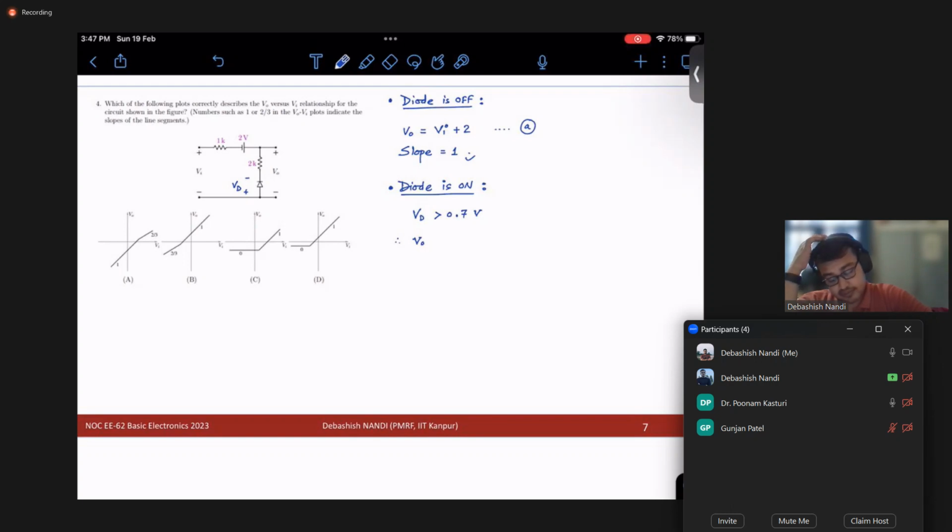Current is flowing in this way, right? So this is the potential drop here, 2I, in this direction.